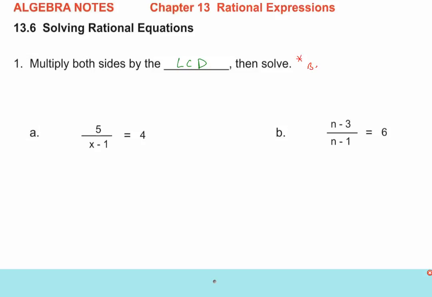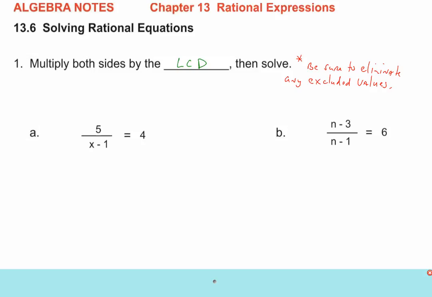So, be sure to eliminate, and I mean from your solution, any excluded values. Be sure to eliminate any excluded values from your answers.